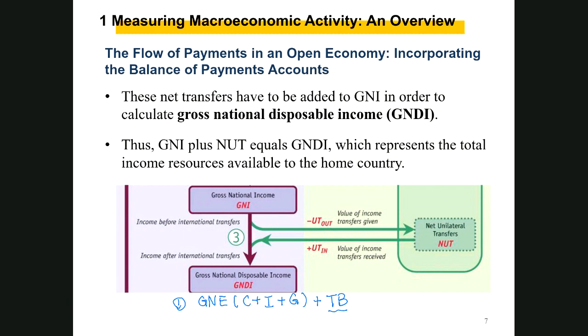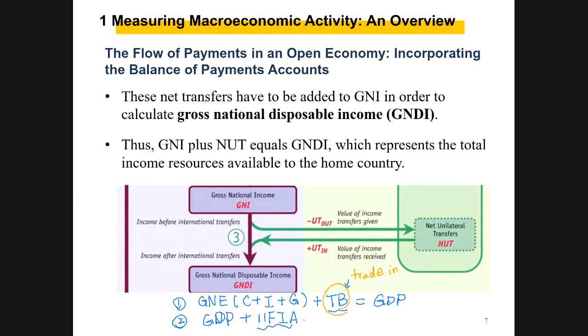So the trade balances means the payments that are the result of trade in goods, right? So this will give me GDP. And then secondly, GDP plus NFIA, right? The factor trade in the services. So this is the trade in goods.